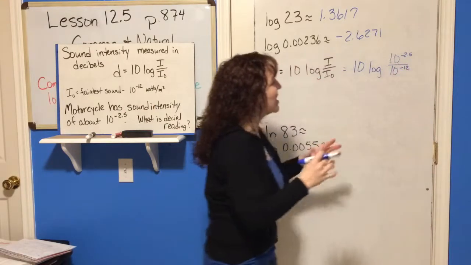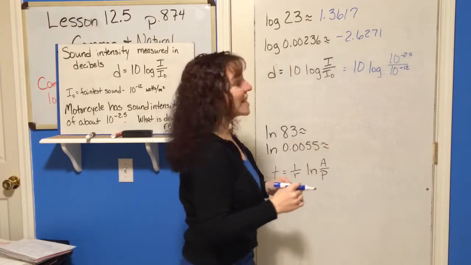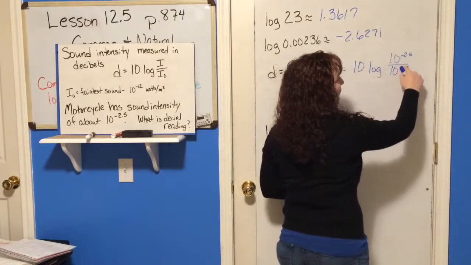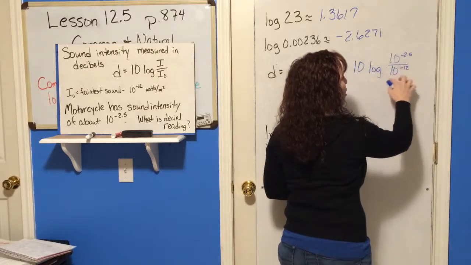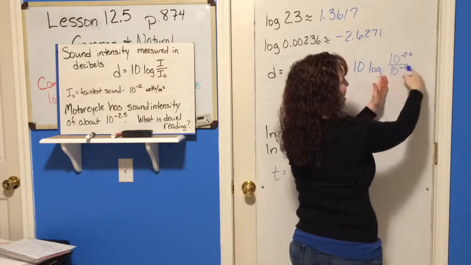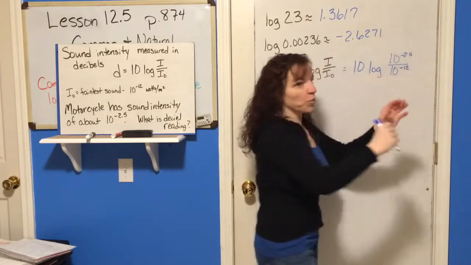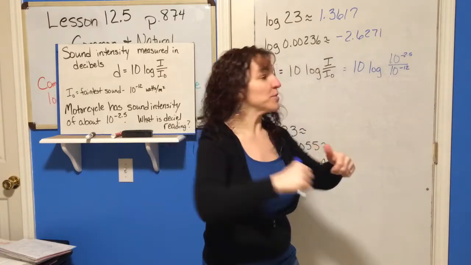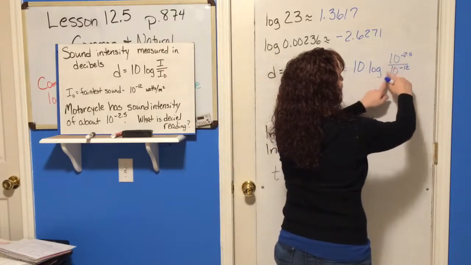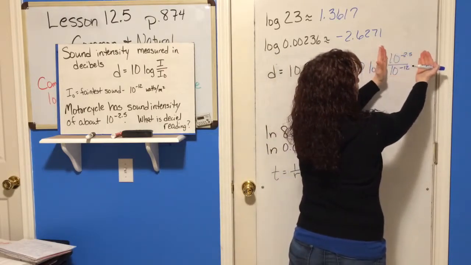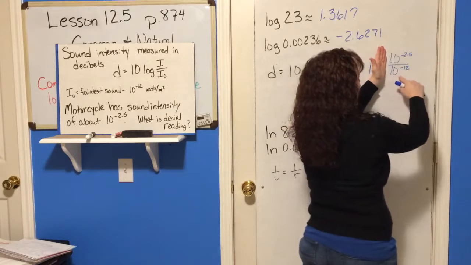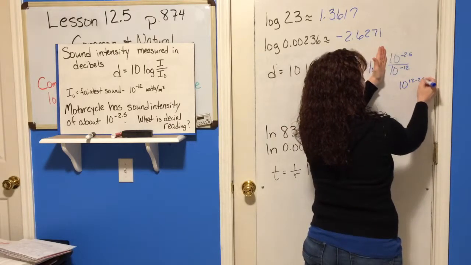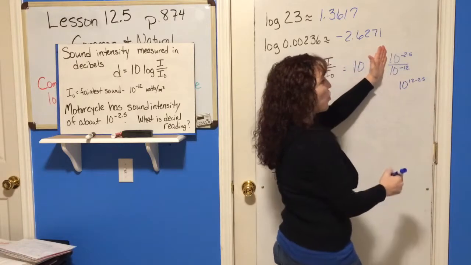Now we've got all these tens, which should make life easier for us. Because of this, we've got negative exponents here. What we can do is move this negative 12 up to the numerator, and remember when we flip a negative exponent, it actually becomes positive. So in this fraction, we're going to simplify it by saying 10 to the 12 minus 2.5 power, and then we're just going to have that over 1.